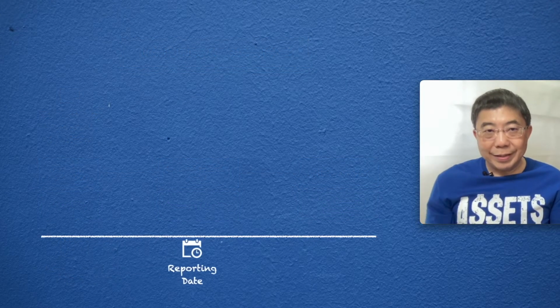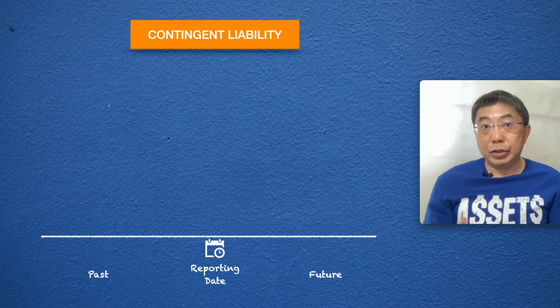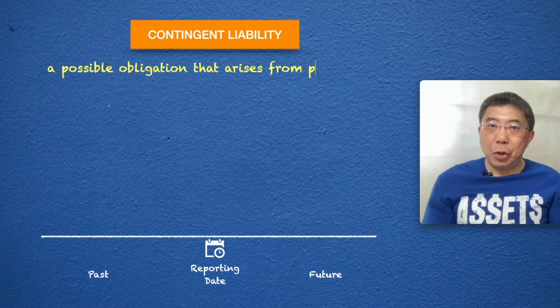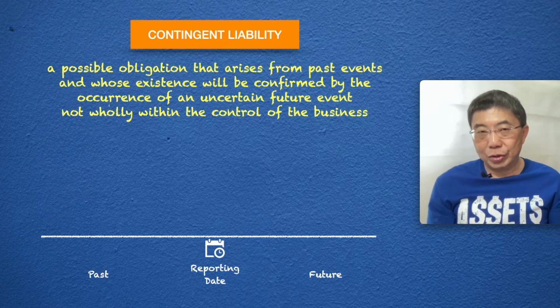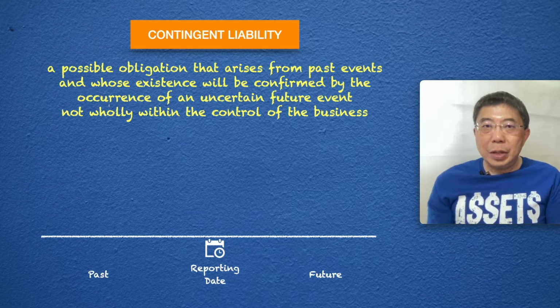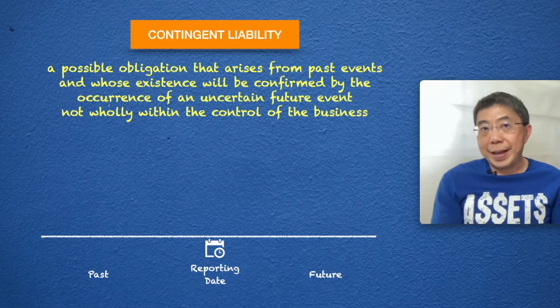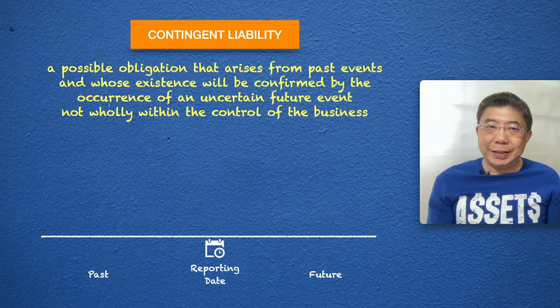There is another form of liabilities called contingent liabilities. Contingent liabilities are not included in the statement of financial position. They are only reported in the form of a note to the financial statements. So, what are contingent liabilities?